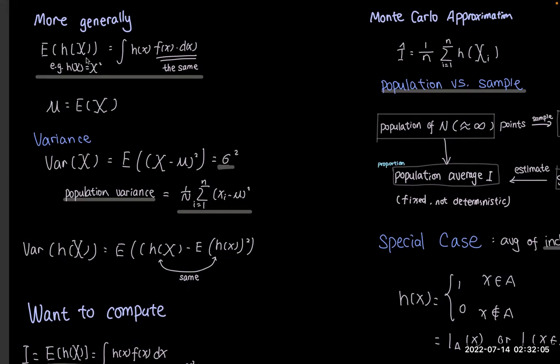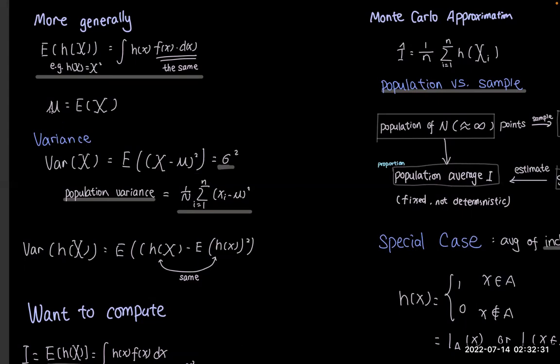Then by the same logic, we define this as the integral of h of x, what we want to sum over, times f(x) dx. f(x) dx is still the same as in the original definition of E of x. So we only need to replace x by h of x if we want to compute the expectation of h of x. Okay, so that's the general definition.